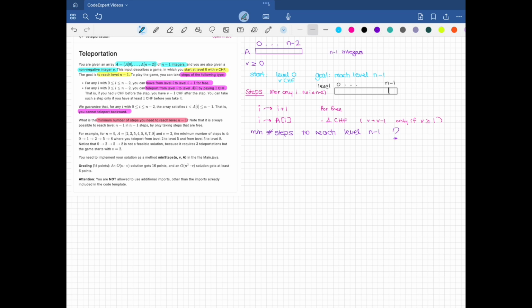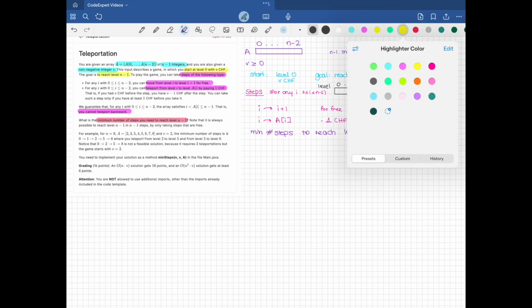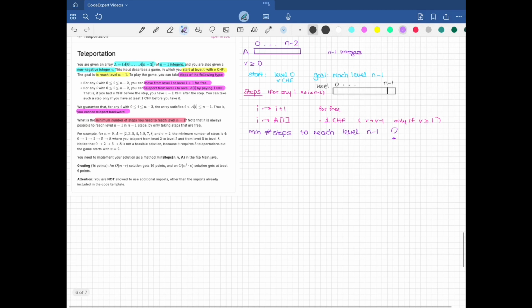So this is important. Worst case scenario, we will have this as an answer. By only taking steps that are free. So this means you can start from level 0 and go to level 1, level 2, and reach n minus 1 at all times with 0 francs, right?